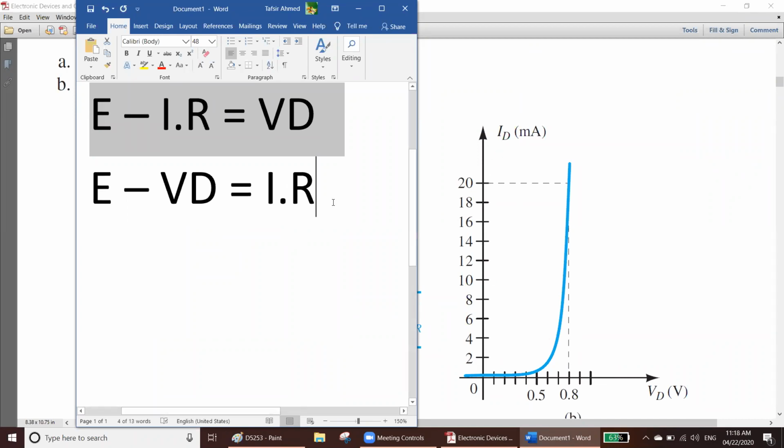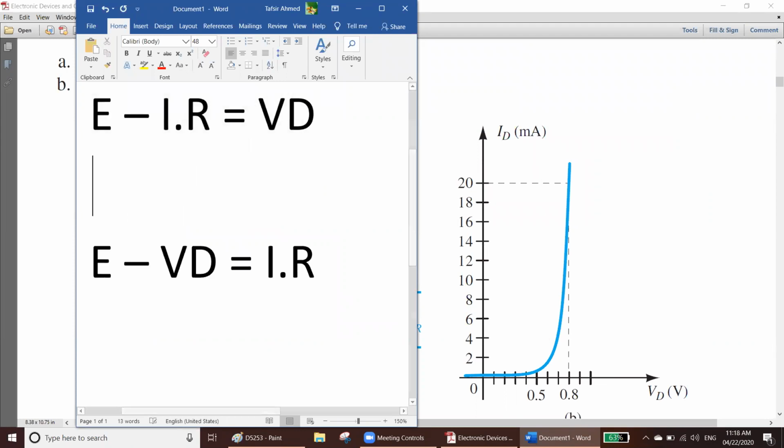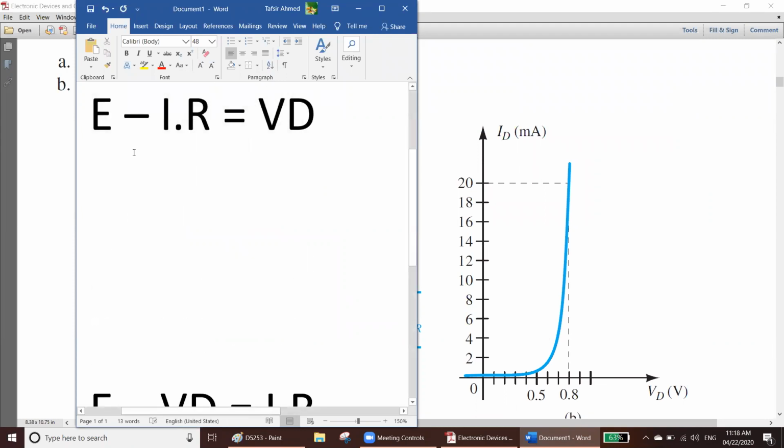So let's take your E is equal to 10 volt. Let's give 10 minus I. Remember, in this line your I is 0, because I is 0 at the starting, right? The more it goes up, the I will increase. So in this line, your I is 0.